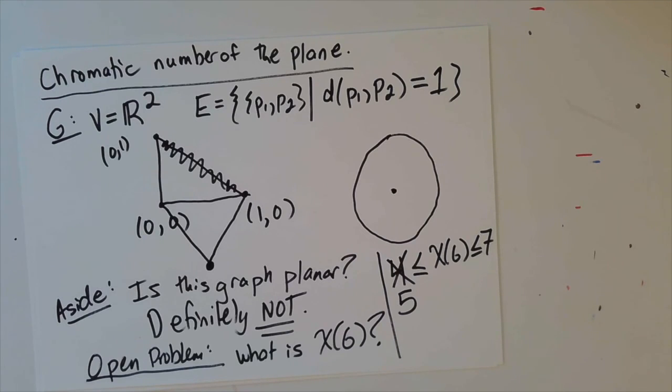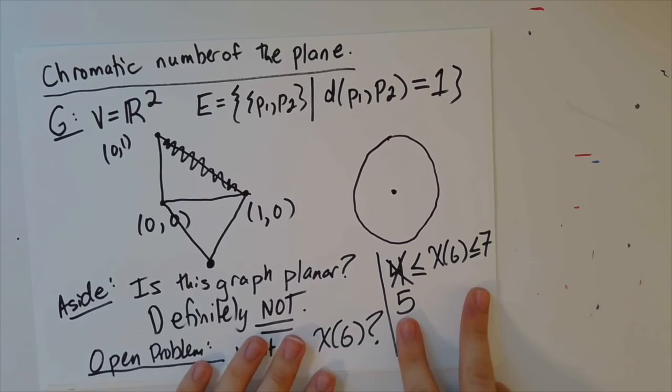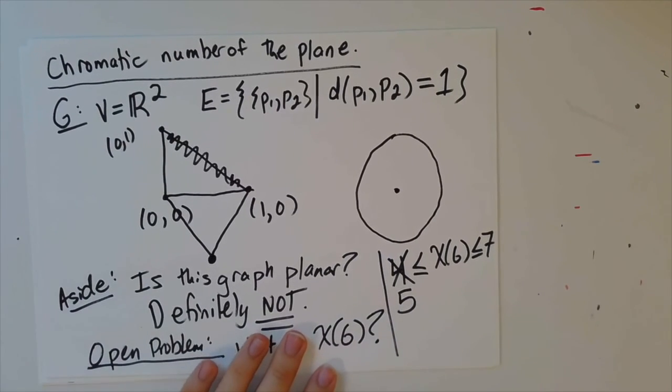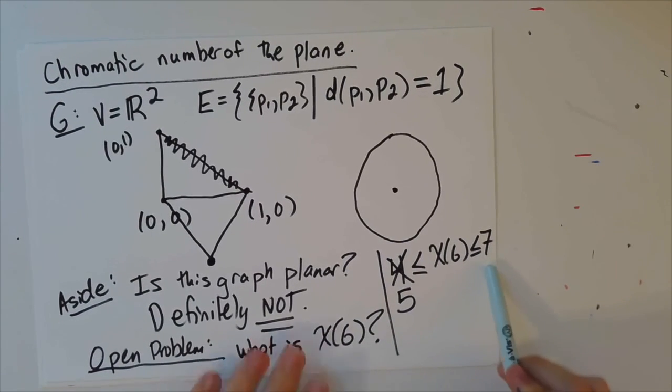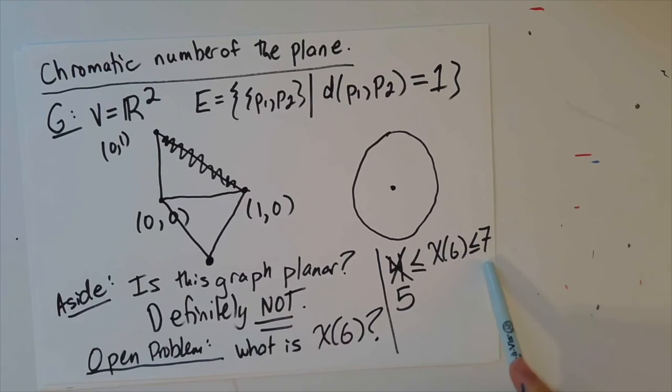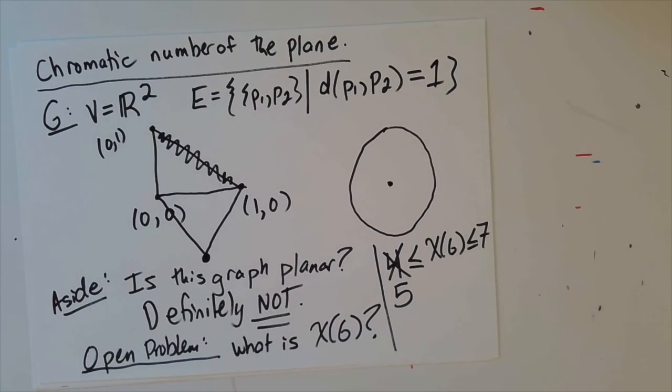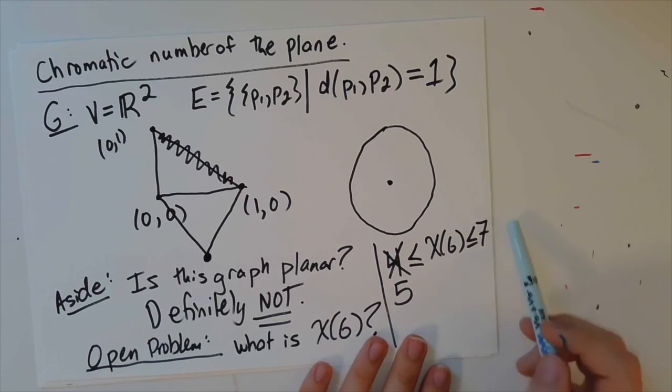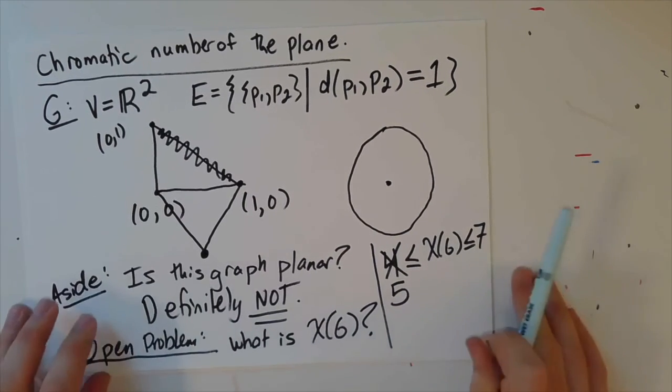And so how do you prove something like this? Well, what you do is you explicitly produce a 7 coloring. That is, you show there's a function from R2 to 7 colors of your choice that meets this coloring property. Okay, so that's the first thing you have to do. And so that gives you this upper bound.